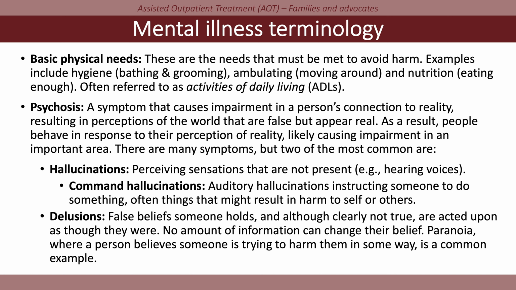What we're talking about with delusions are things that could be factually demonstrated as clearly untrue and are unique to that individual. Paranoia is an example of delusions. And this is that situation where a person believes someone is trying to harm them in some way.